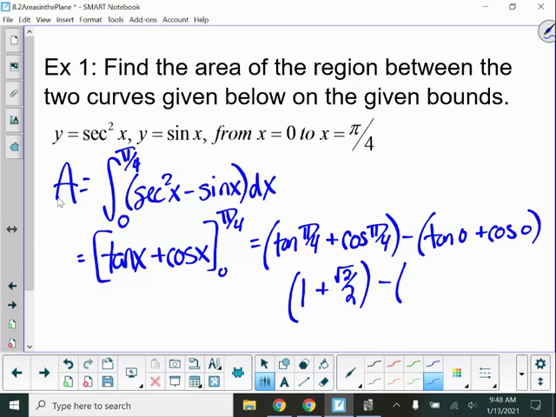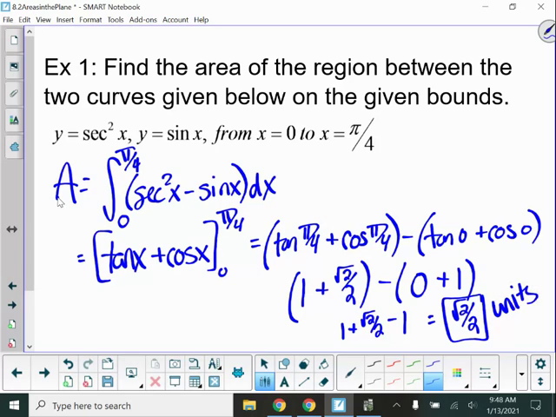The tangent of 0 is 0. The cosine of 0 is 1. So this is 1 plus square root of 2 over 2 minus 1, which is just square root of 2 over 2. So the area between these two curves from 0 to pi over 4 is the square root of 2 over 2. My label would be units squared because it doesn't tell me centimeters or meters or anything like that. So you would just use the general units whenever that happens.